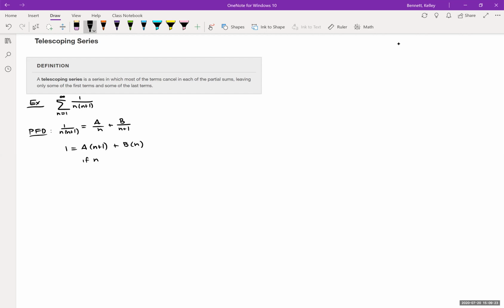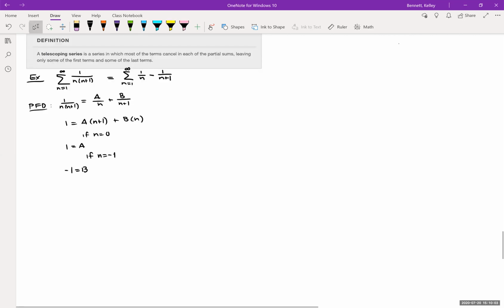So if n equals 0, then 1 equals A. And if n equals -1, then -1 equals B. So just like we wrote it before using the integration, except now we're in a summation, this is going to be the sum from n equals 1 to infinity of A over n, which is just 1 over n, plus B over n plus 1, so that's -1 over n plus 1. Okay, so the return of partial fraction decomposition.